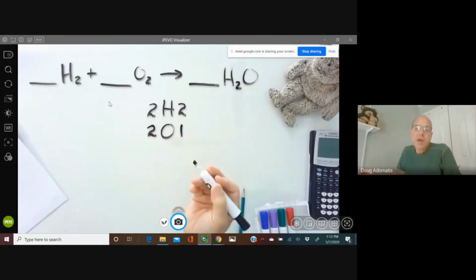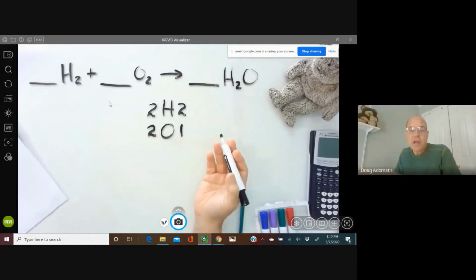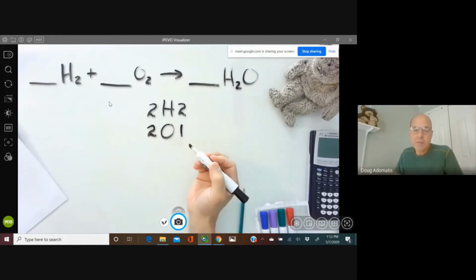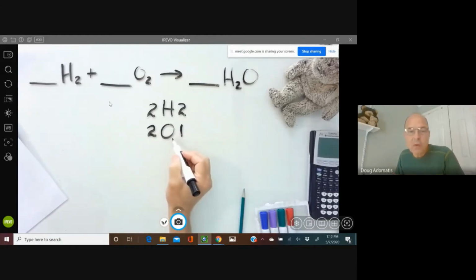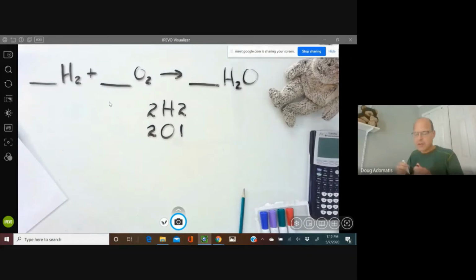So there's something that we have to do in order to balance this chemical equation. What's out of balance? Well, we've got to get the waters in balance. Now, I also said that the only thing you can do is add subscripts. I mean, well, slap myself. The only thing that you can do is change coefficients.